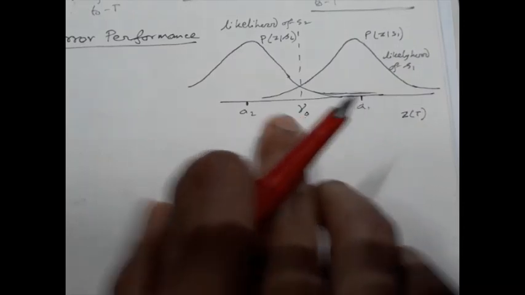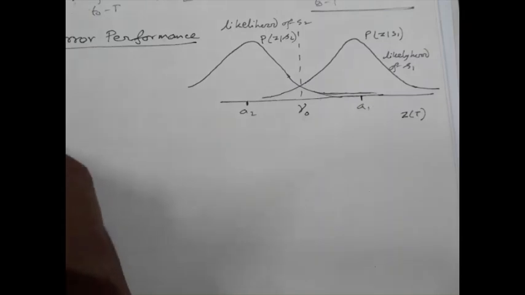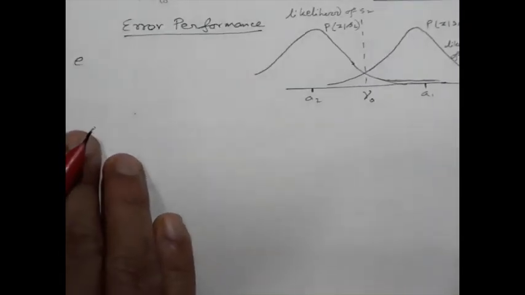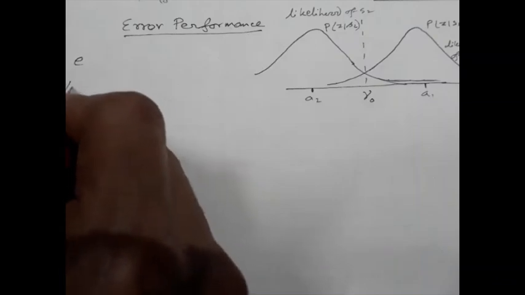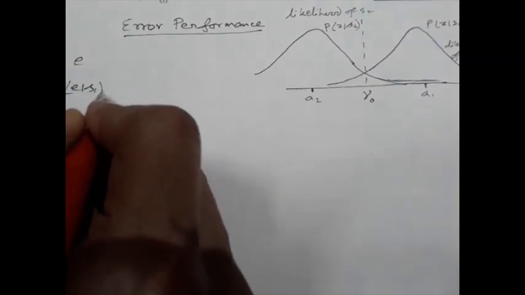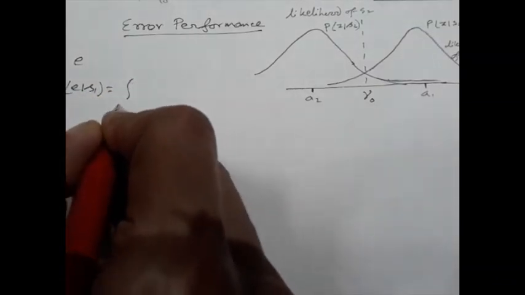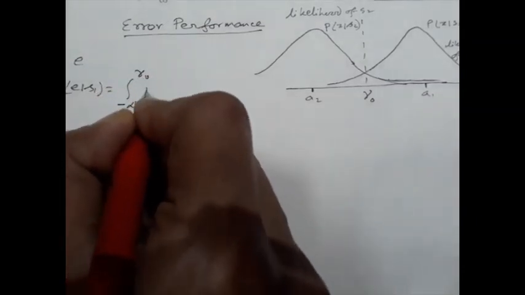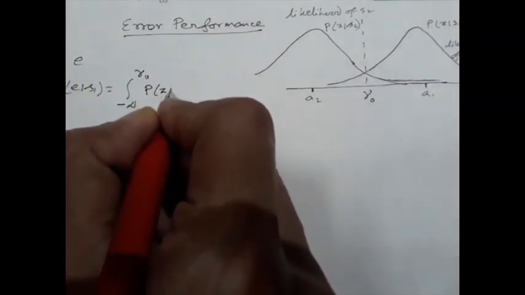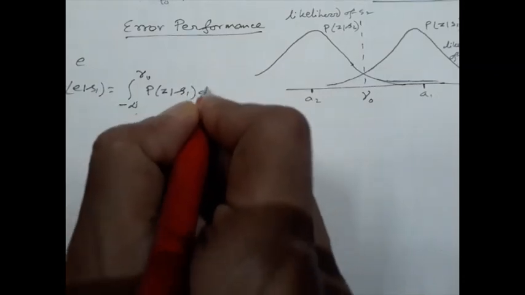The probability of such occurrence can be written as P(E given S1) equal to the integral from minus infinity to gamma 0 of p(z given S1) dz.